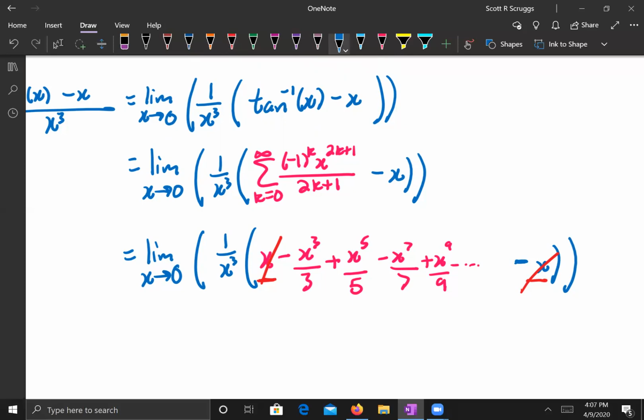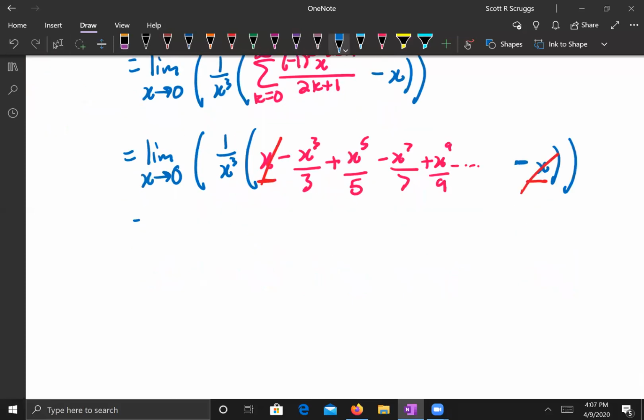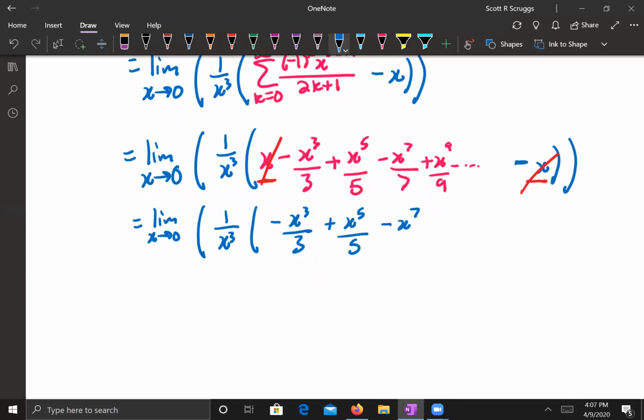is that x, leaving me with the limit as x goes to 0 of 1 over x cubed times negative x cubed over 3 plus x to the 5th over 5 minus x to the 7th over 7 plus dot, dot, dot.